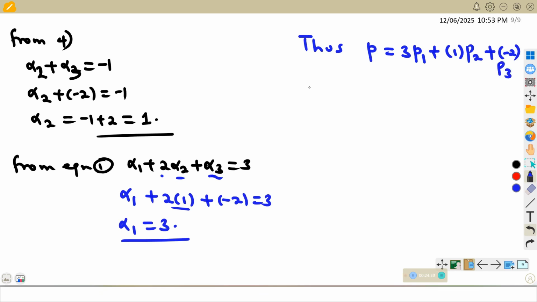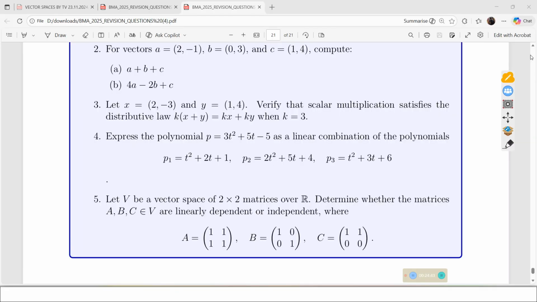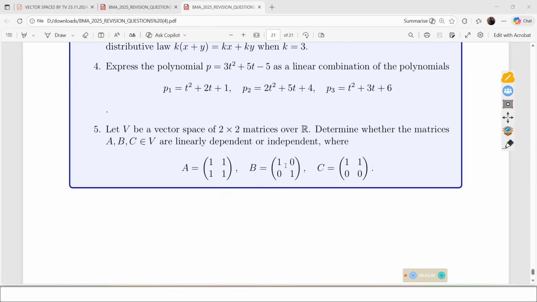So P is the same as 3P1 plus P2 minus 2P3. So from here you have expressed P as a linear combination of P1, P2, and P3, and that will be the required answer. So our part 4 will also be answered.